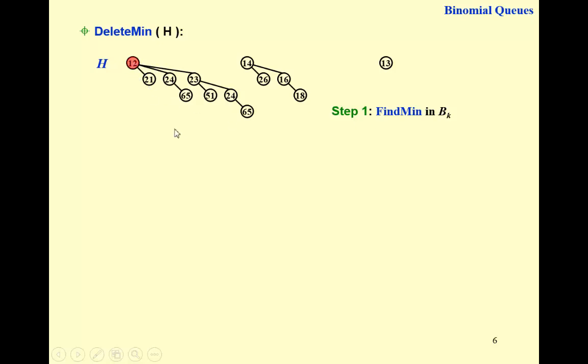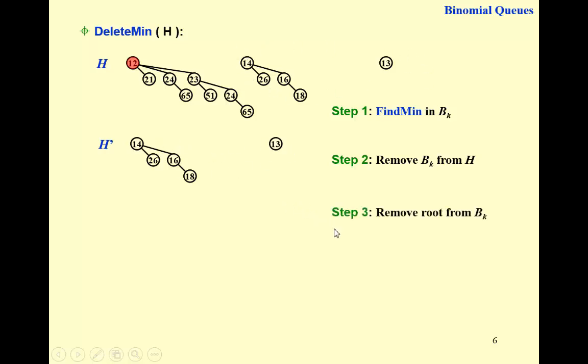So step 2. First, let's remove this tree from the original binomial queue, and then create another heap that contains only the remaining trees. And then step 3, let's remove the root from this tree. After this root is removed, we obtain 3 subtrees, right?